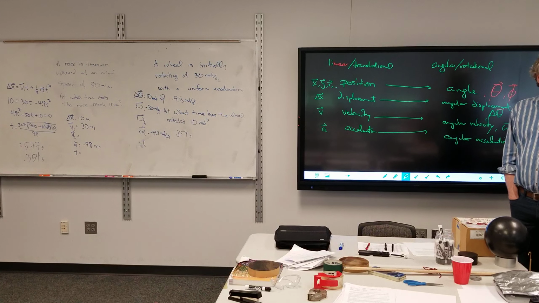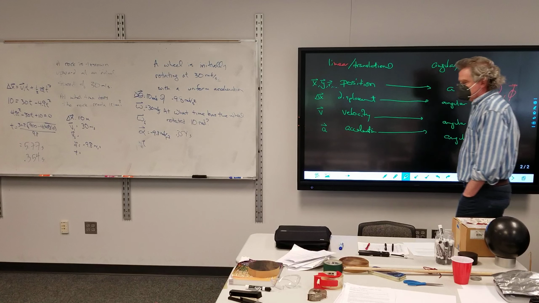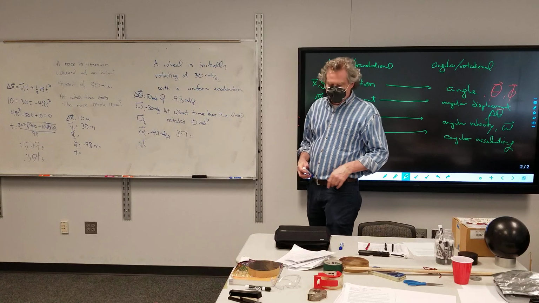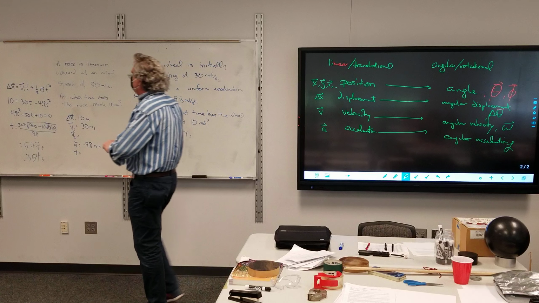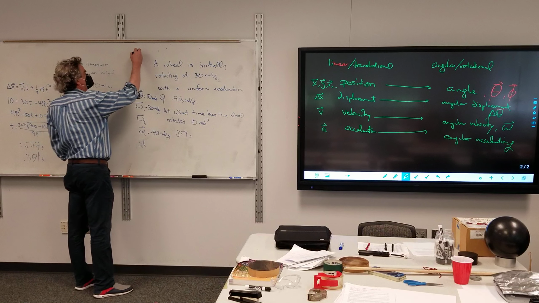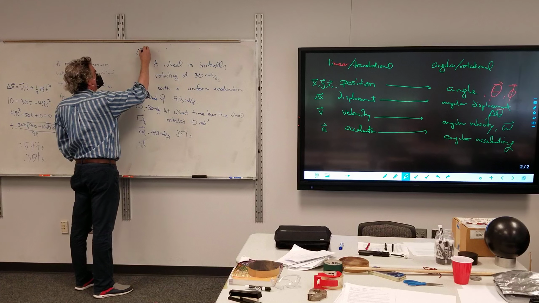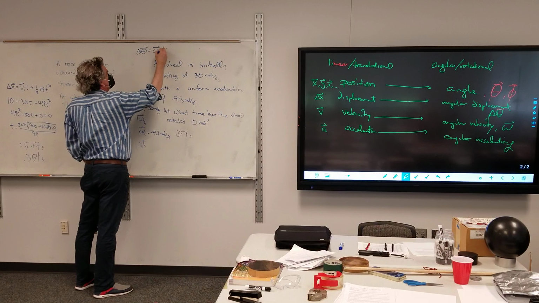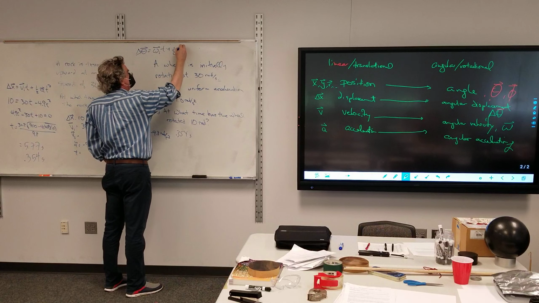And then you plug in basically the exact same equation. So for any of these chapter 2 problem equations, all we do is just stick in the rotational analog. So that equation becomes delta theta is equal to omega_i t plus 1/2 alpha t squared.